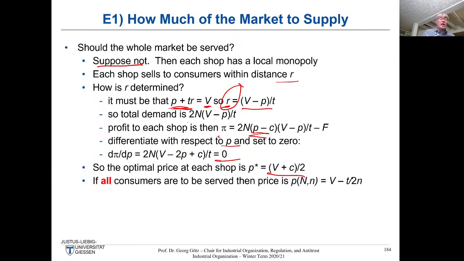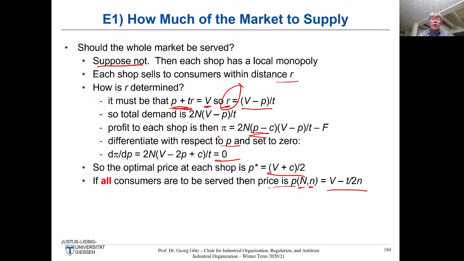Now the question is, under what circumstance will we charge just such a monopoly price, or will we charge a price so that we serve everyone? So if we want to serve all consumers, the price, with capital N the number of consumers and small n the number of outlets, would be just this. That's what we just determined.